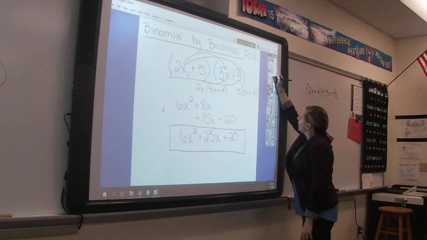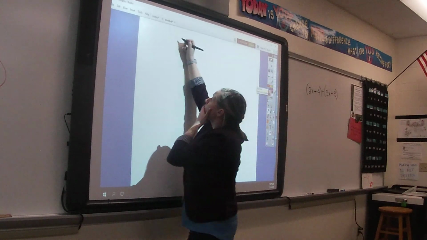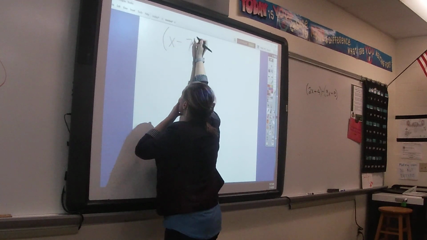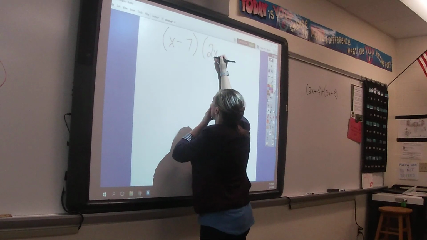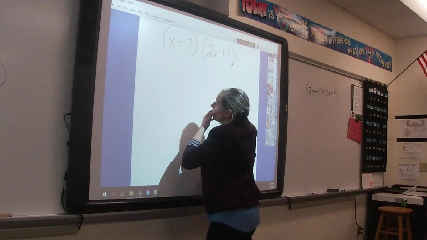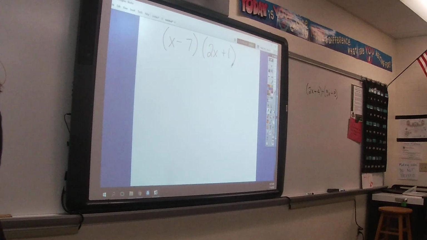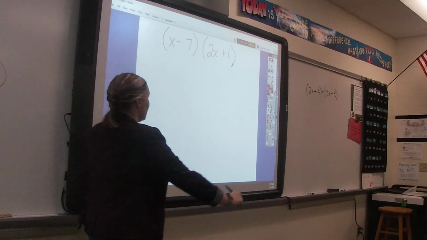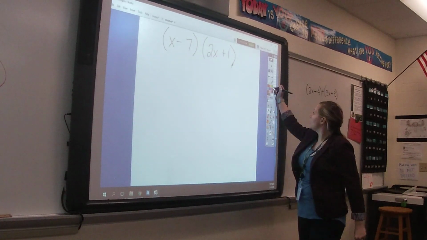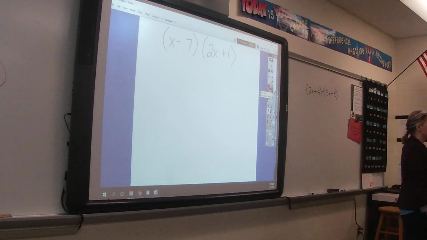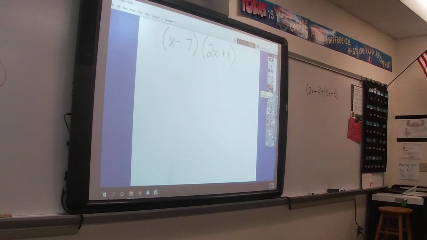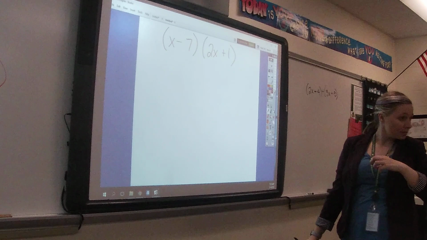Okay, so let's look at another one. There's no operation sitting in between there, so that tells us that we're going to multiply. We have a binomial, which means 2, so we're going to distribute twice.